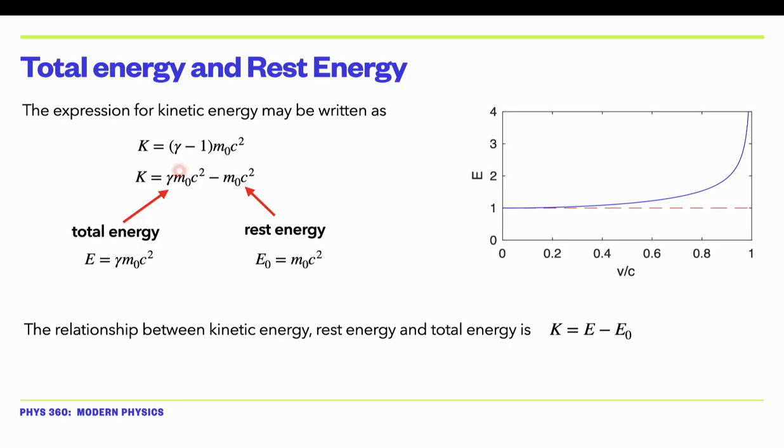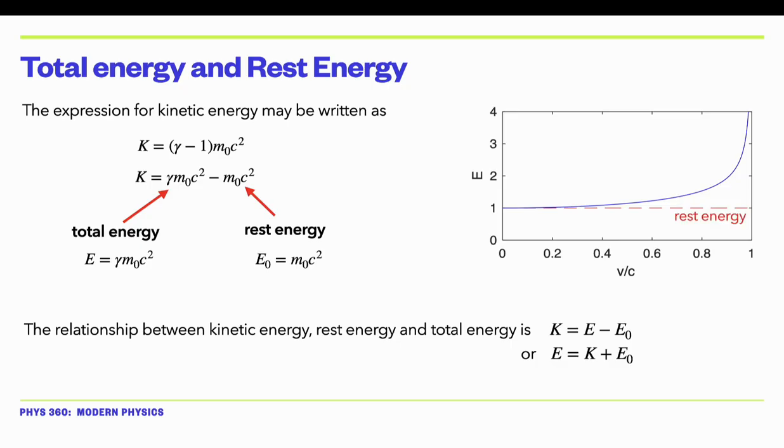So plugging in for the total energy and the rest energy, we see that the kinetic energy is just the total energy minus the rest energy of the particle, or the total energy is kinetic plus rest energy. So these are very useful expressions for what we're going to do in the rest of the class.